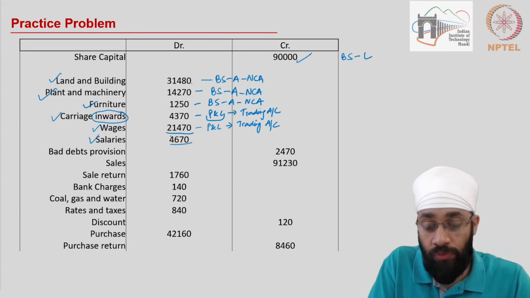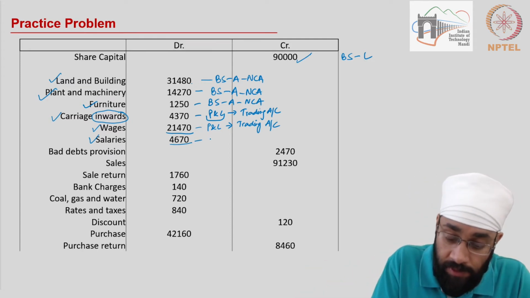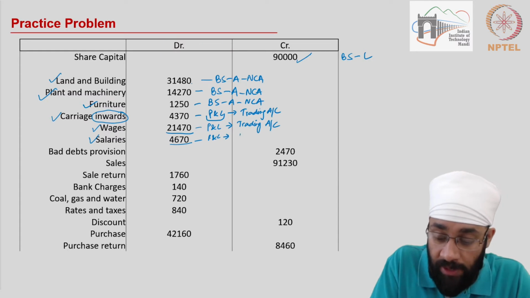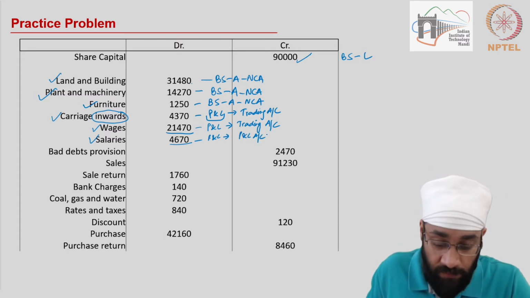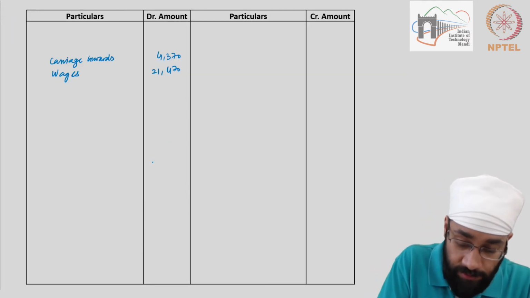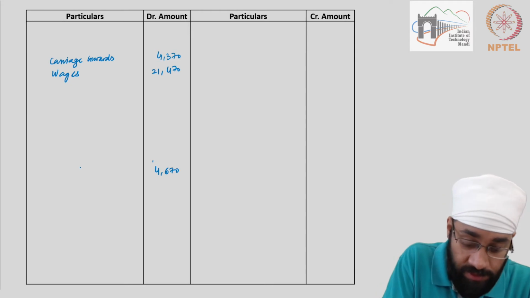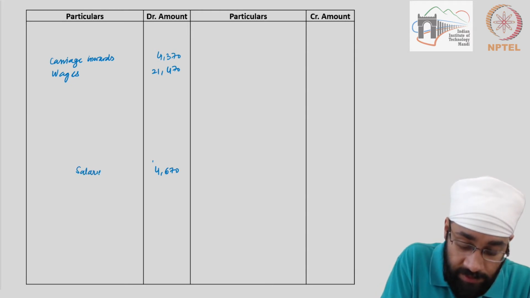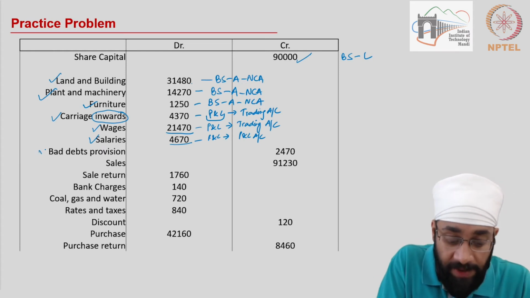Salaries, we're going to assume that salaries are being paid to the sales staff. So profit and loss account, and it will go to the profit and loss account section, 4670. So somewhere here, 4670, salaries.